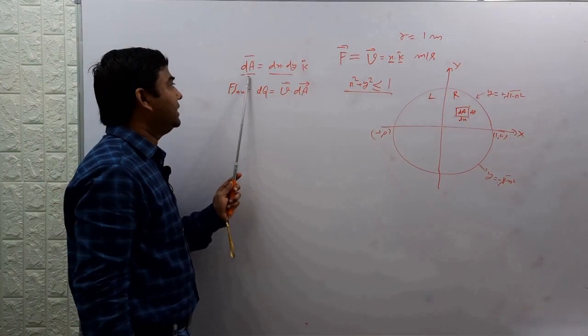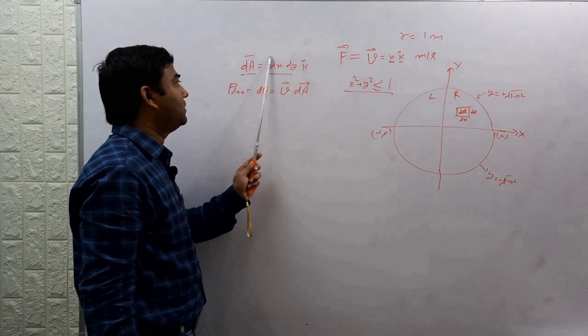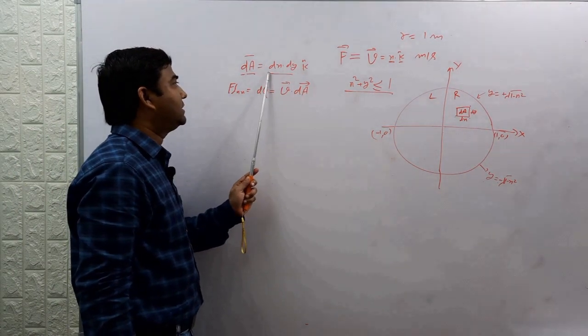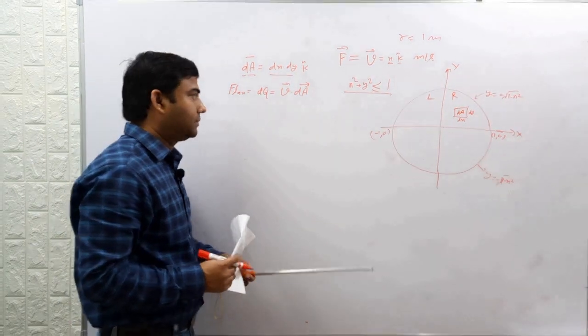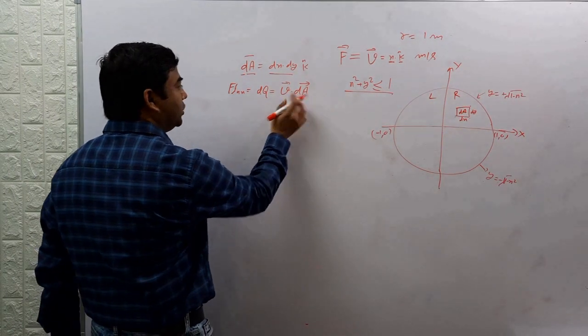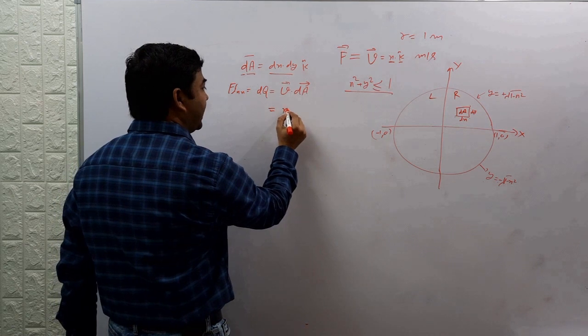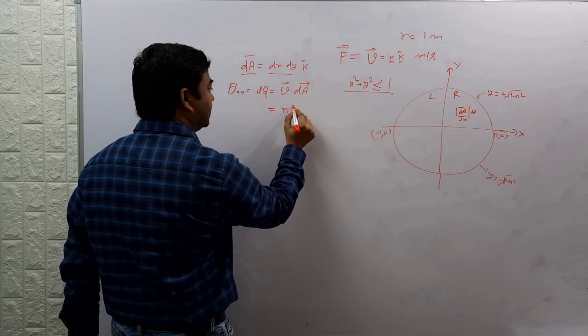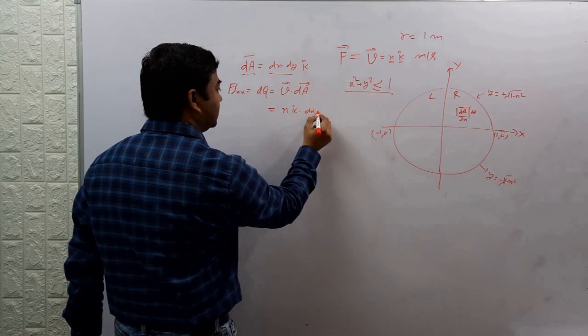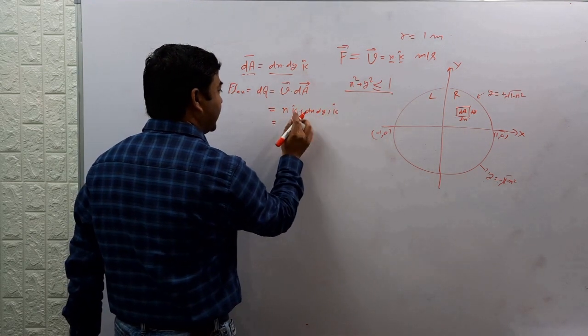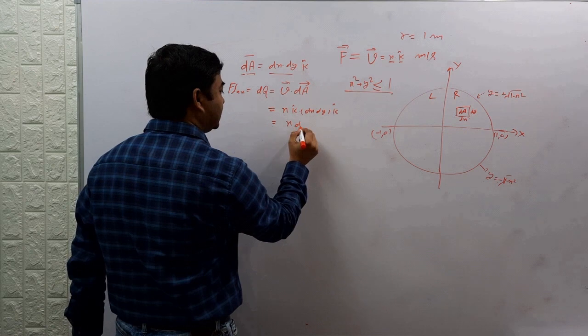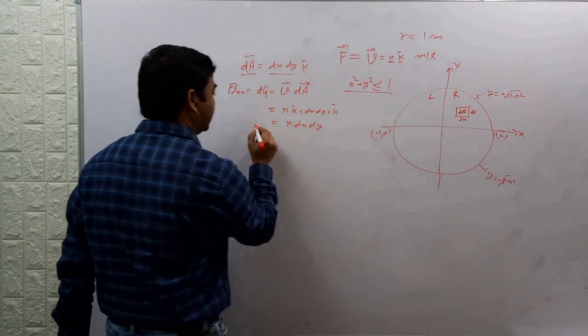The magnitude of the area is dx into dy, and k is the direction. Flux is v dot dA, and this is x k dot dx dy k. k dot k is 1, so x dx dy.